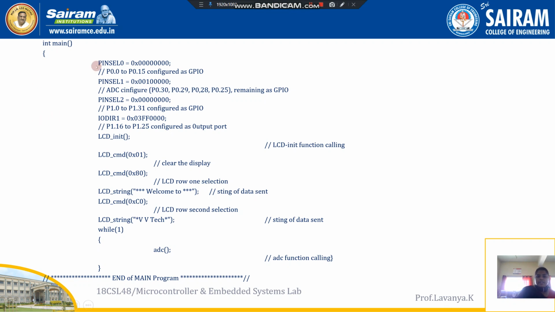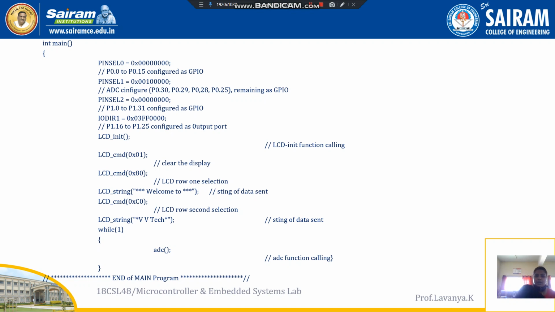See, when the pin is 01 at the ADC function, it is going to completely convert our analog input into our digital output. I am going to configure our ADC ports, that is port number 30, port number 29, port number 28 and port number 25.